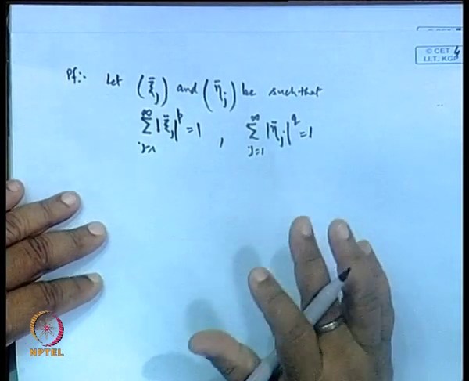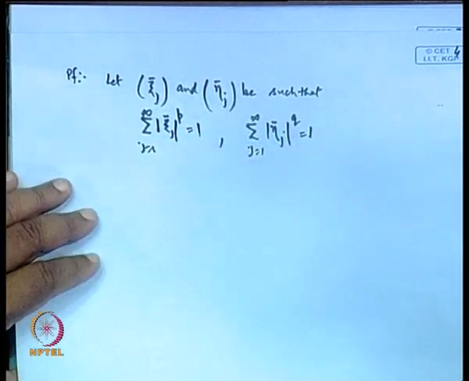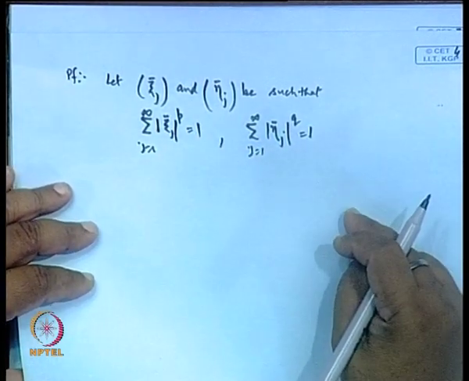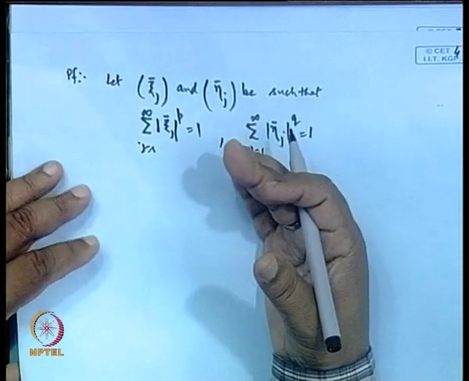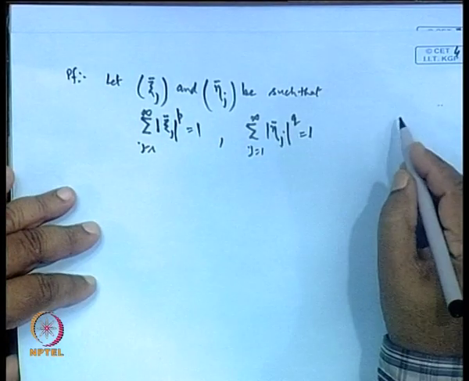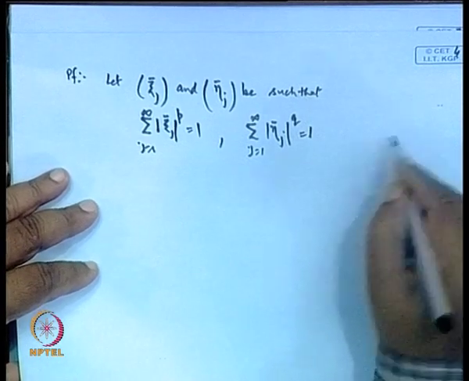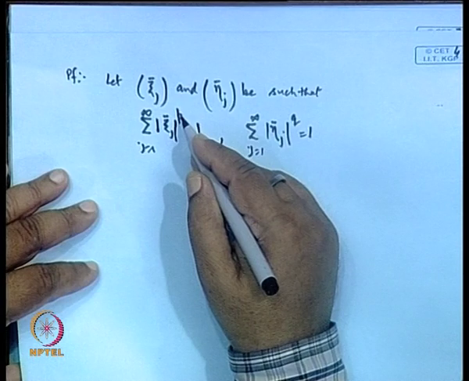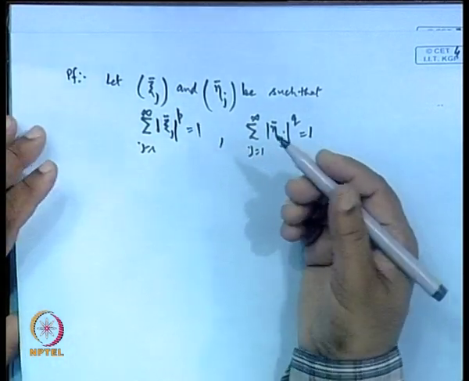Let us take these two sequences, which can be easily found. Suppose I take xi j to be 1 by 2 to the power j by p, then the sum will be 1. The sum of 1 upon 2 to the power j by p, the p gets cancelled, and we get the sum of 1 upon 2 to the power j, which is 1.